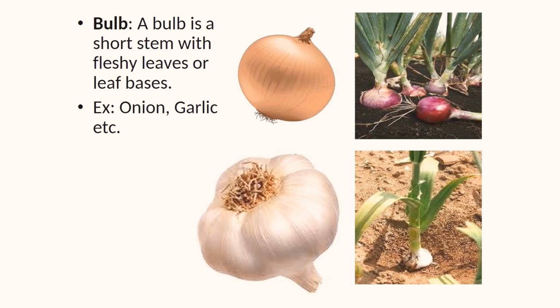The scaly leaves are leftovers of the previous year's leaves after their food material is consumed. Each bulb contains one or more buds which grow into a shoot.